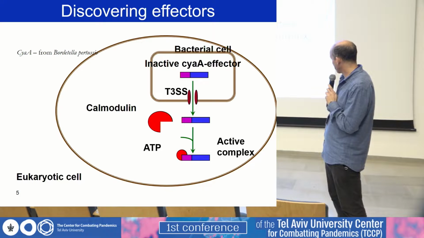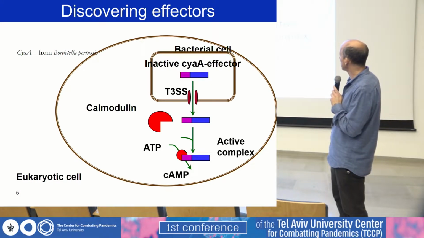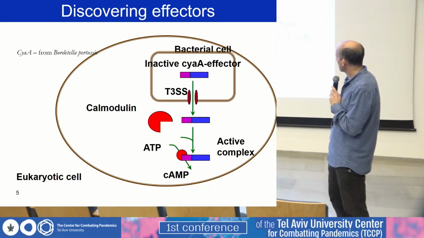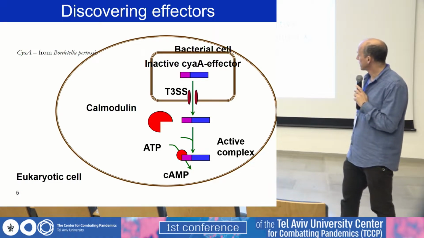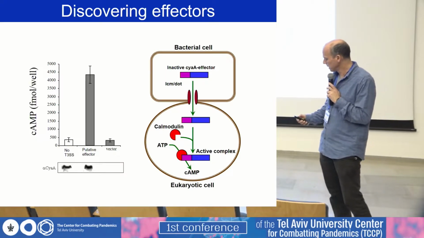Together they will form an active complex that will catalyze the transformation of ATP to cyclic AMP. And we have a kit to sample cyclic AMP levels.